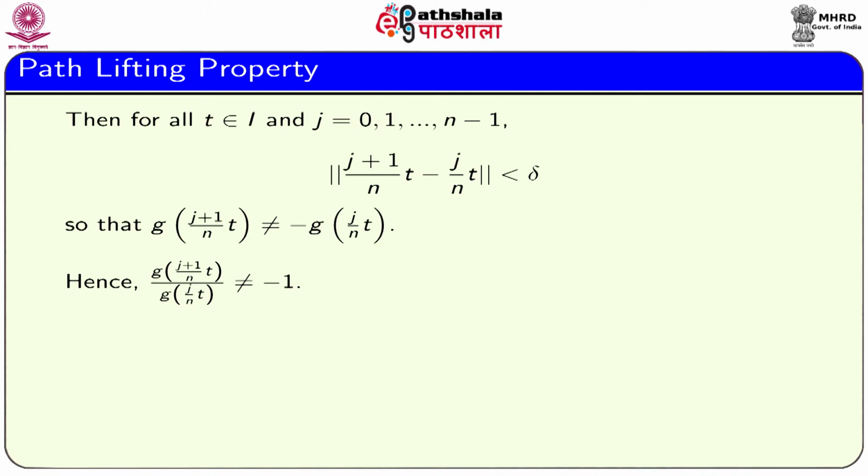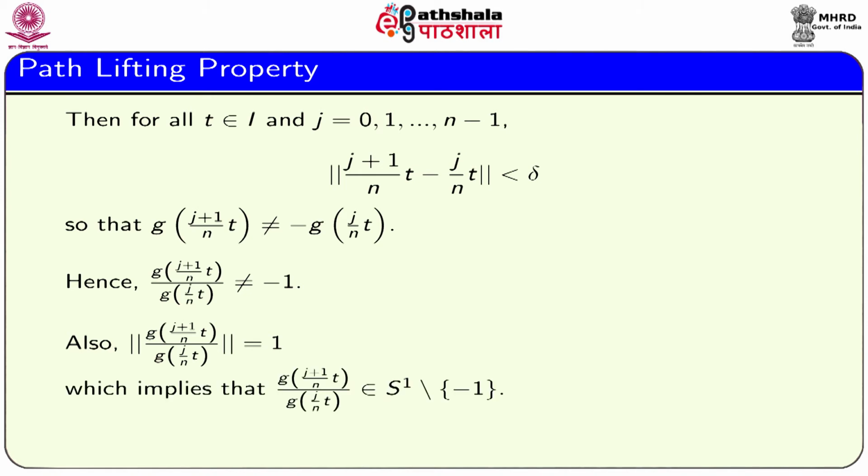Also, the norm of this point is equal to 1, which implies that this point, g of (j plus 1) by n t divided by g of j by n t, is a point on S1 minus minus 1. Consequently, the inverse of the exponential in that particular region operated on that point will give me a point in the open interval minus half to plus half.